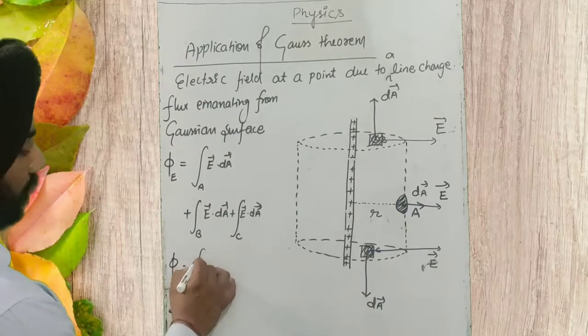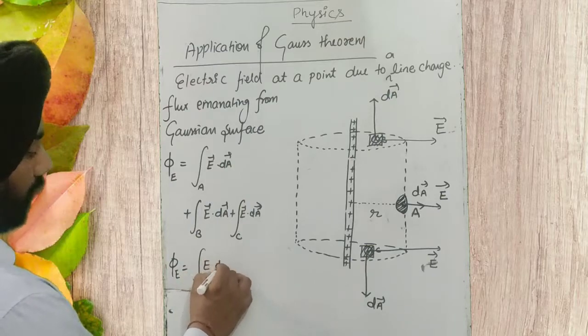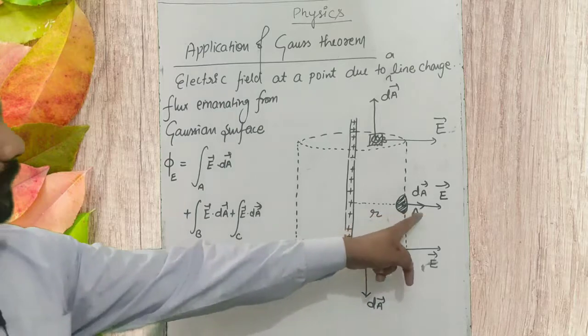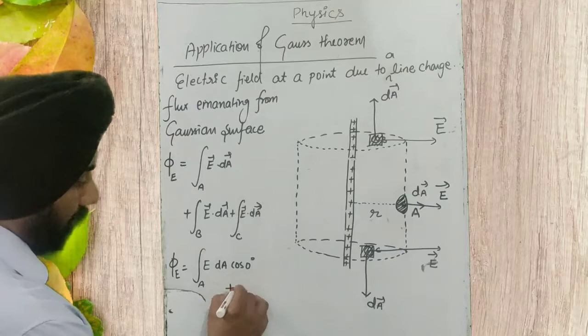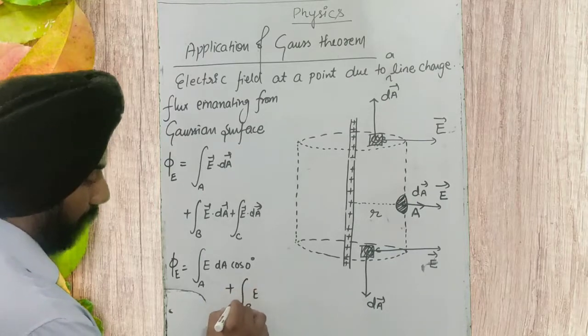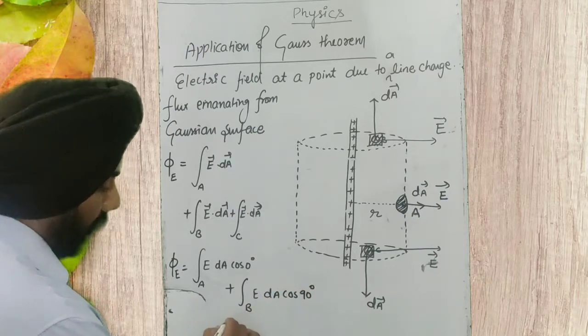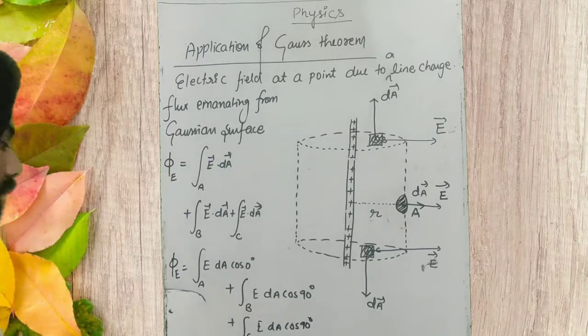So here it is E dA cos 0. At A they are both in the same direction, so I have taken cos 0. At B they are perpendicular to each other, so we take cos 90, and at C it is E dA cos 90. Okay, so this is all right.